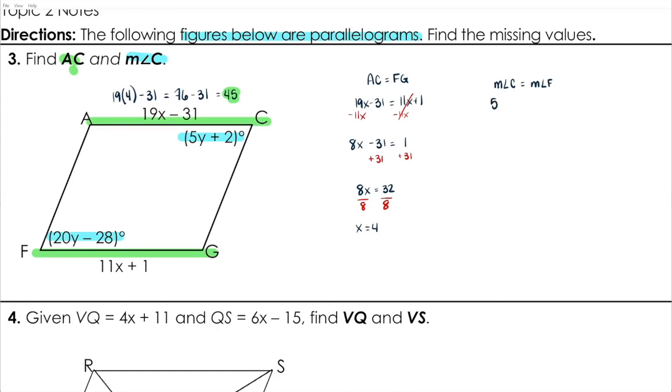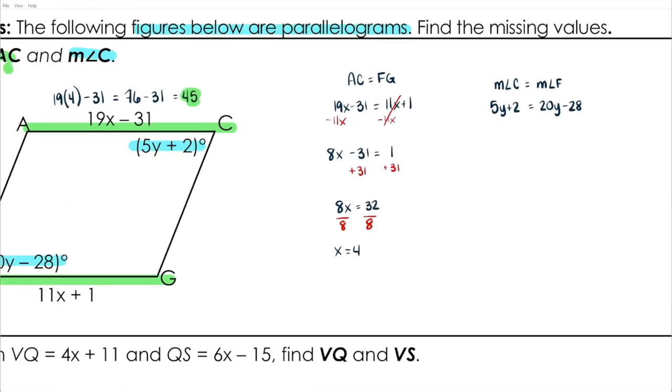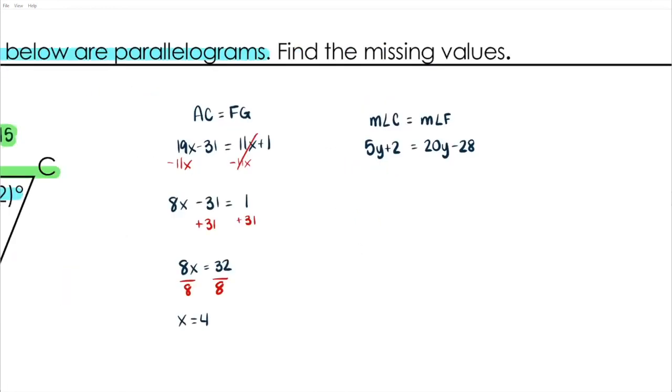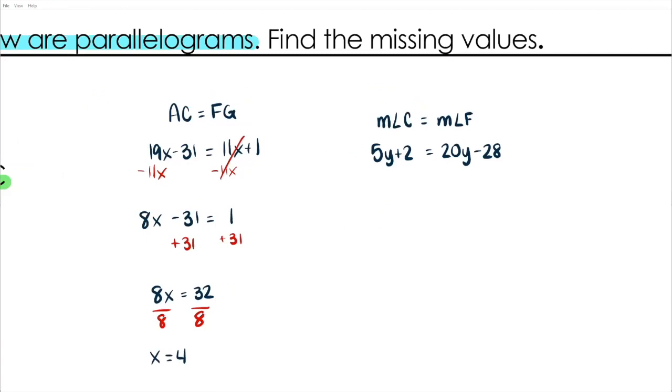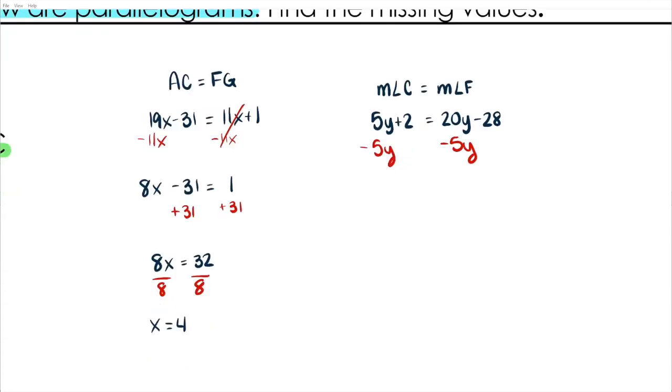So 5y plus 2 is 20y minus 28. Just like last time, we've got a variable on both sides. So we're going to go ahead and move our variable first. Subtract 5y. So 2 equals 15y minus 28.